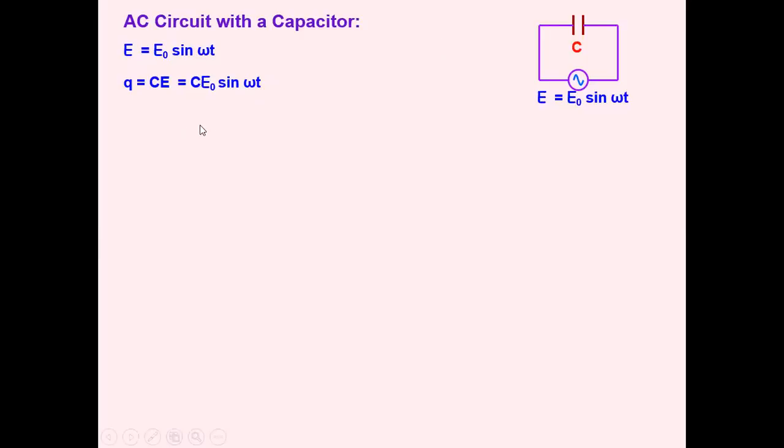For that, first we derived the expression for instantaneous value of electric charge on the capacitor. Now we differentiate this instantaneous charge with respect to time t so that we can have electric current.